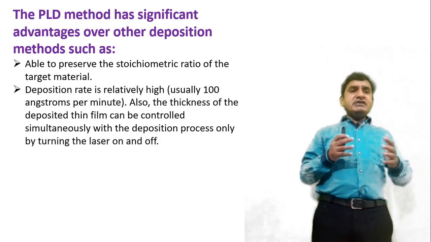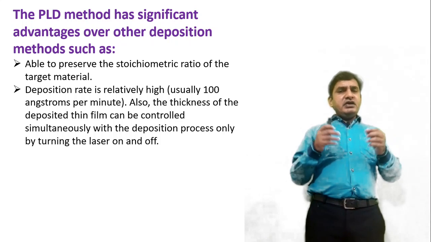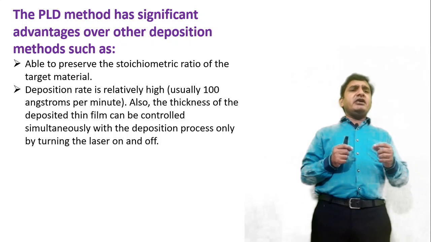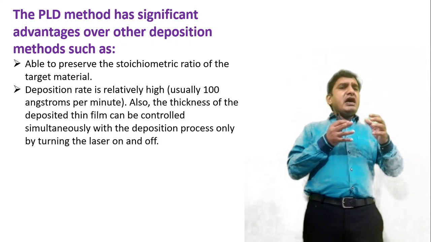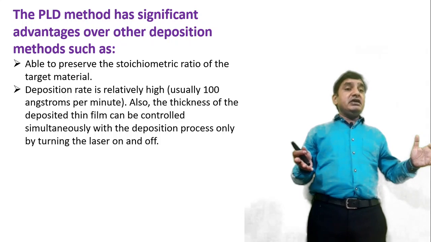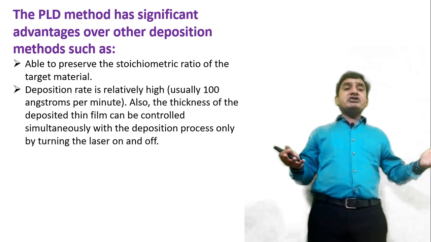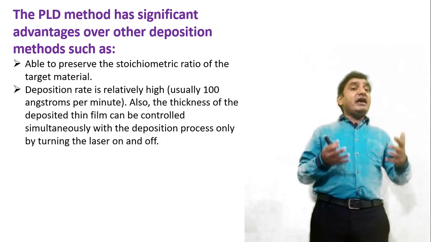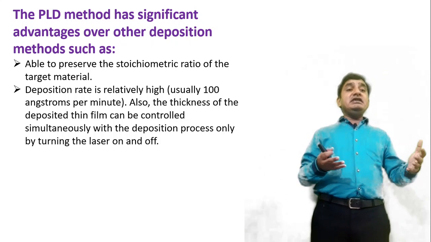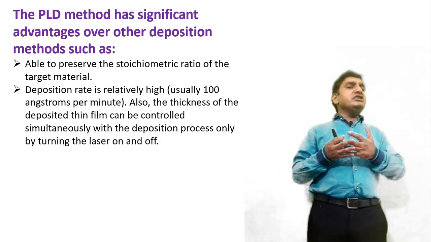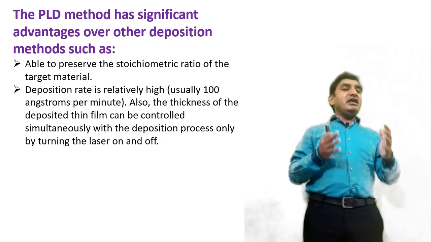That is, when the laser beam is incident on the target material, the atoms are instantaneously emitted, forming a plasma plume, and this plasma is deposited on the glass substrate, and this deposition rate is relatively high.